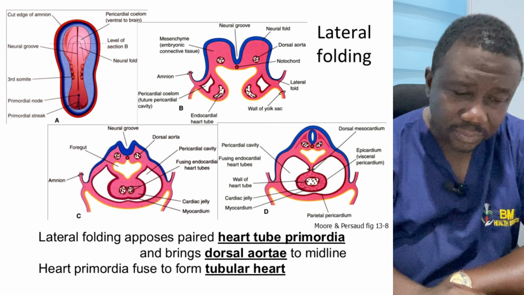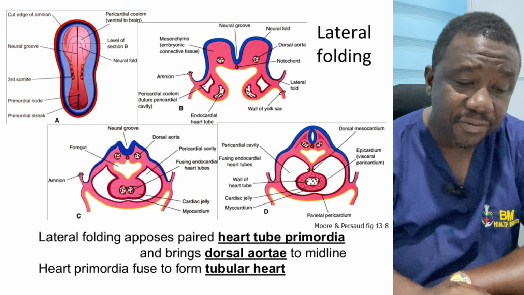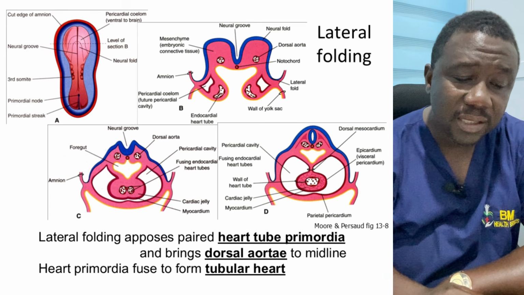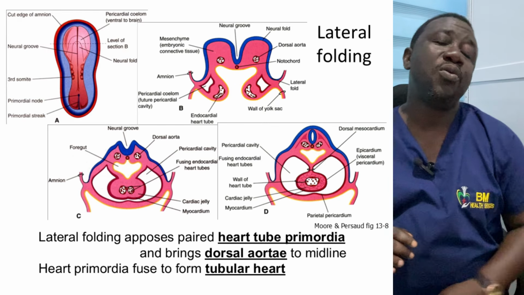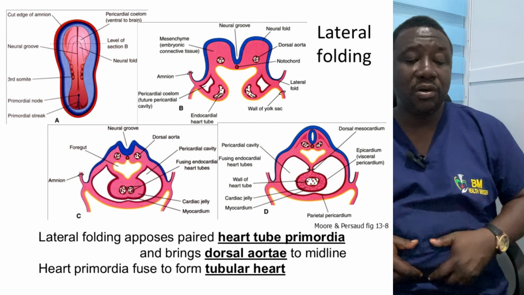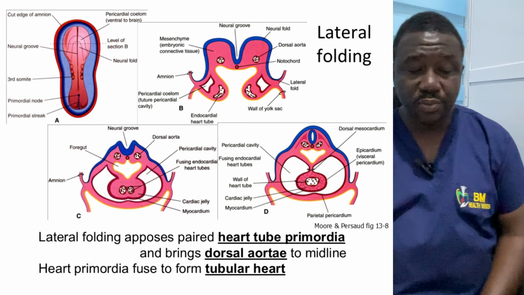The formation of the dorsal mesocardium is also there, okay? So in D, we have two big spaces fused to form one, and the wall of the heart formation has started, and the endocardiac.